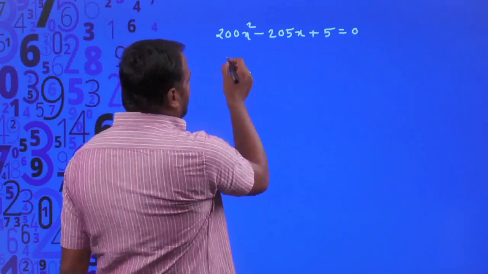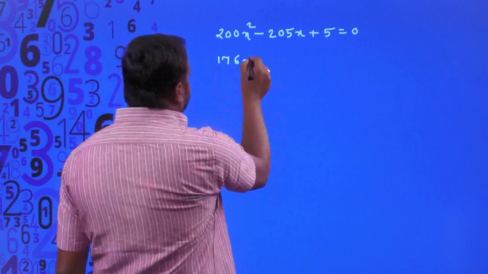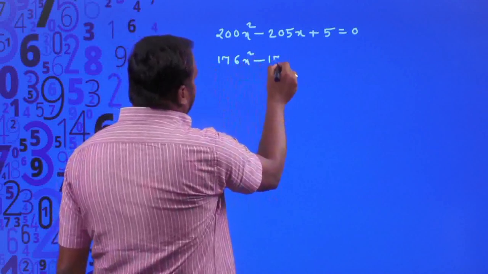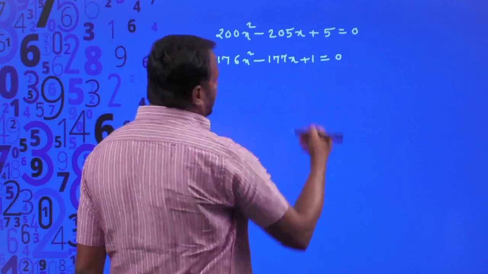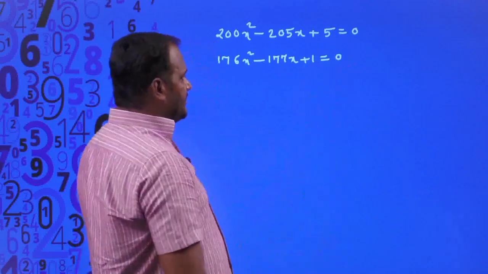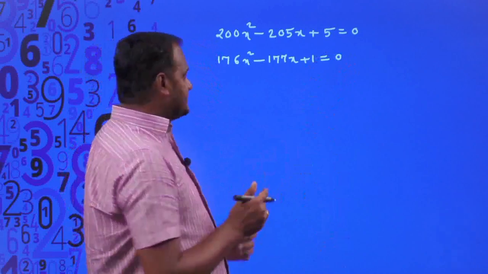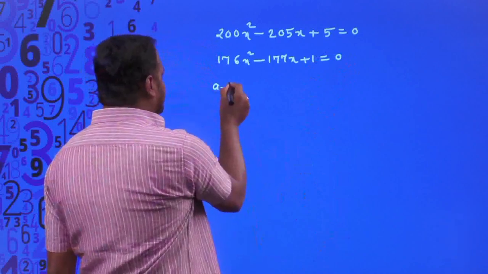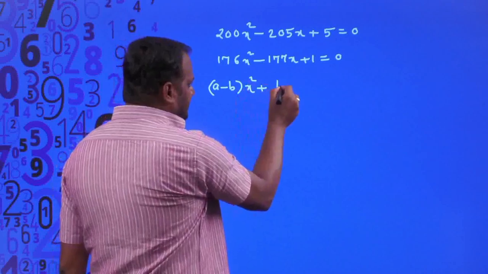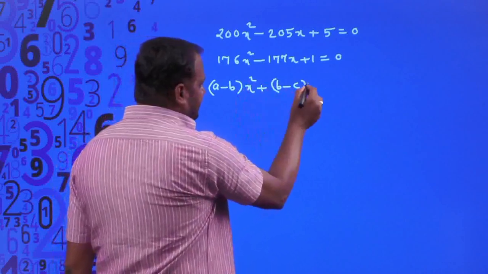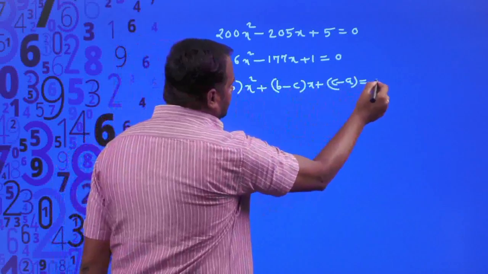Similarly, I am taking one more quadratic equation, that is 176x square minus 177x plus 1 is equal to 0. This is one more quadratic equation. And if I take some unknowns as coefficients, like (a minus b) times x square plus (b minus c) times x plus (c minus a) is equal to 0.